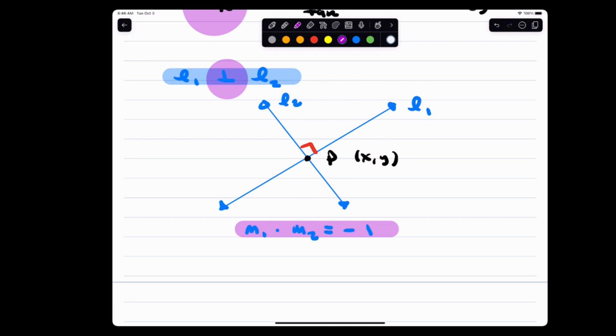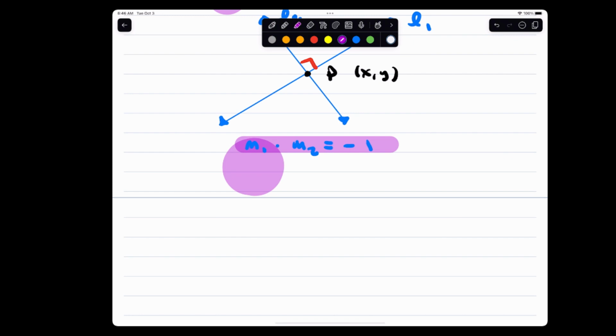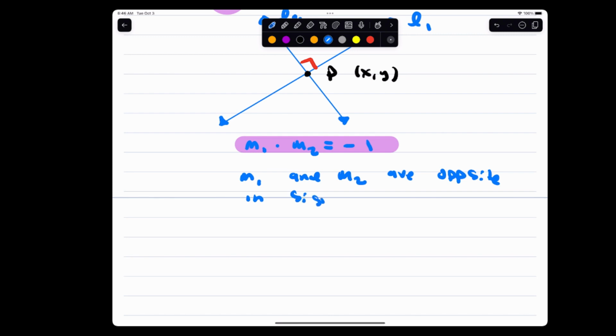Now what that really means is that m1 and m2, so if you have a slope, this is what it means: m1 and m2 are opposite in sign and are reciprocals.